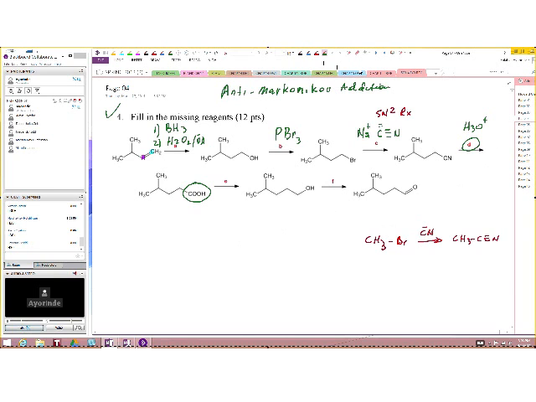And sometimes, if you want to hydrolyze a nitrile to a carboxylic acid, you could use basic hydrolysis.